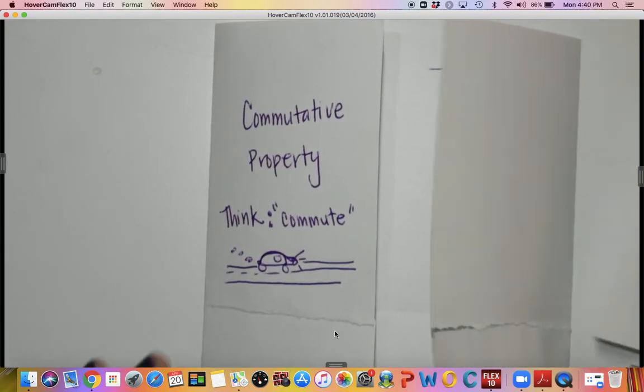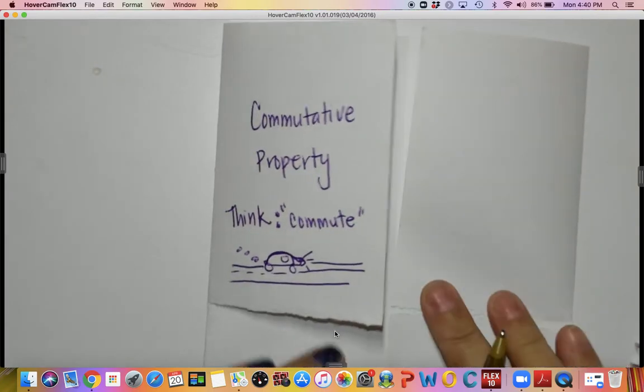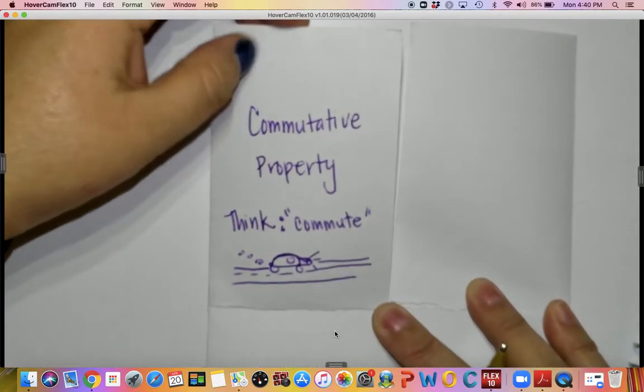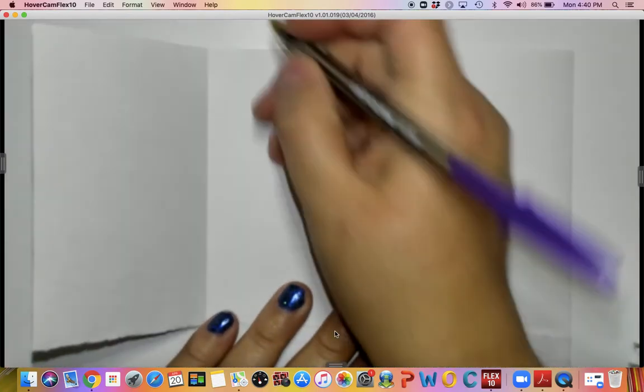And the reason why I have you think that way is that now I'm going to give you a definition of what it means. And we're opening that little one, and that's where we're going to write it. Okay?